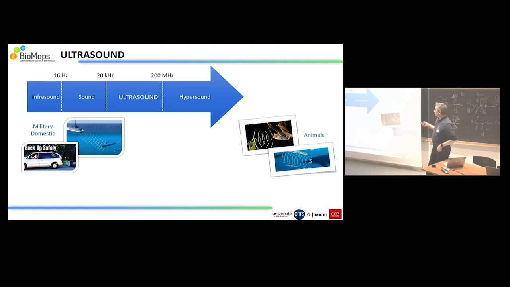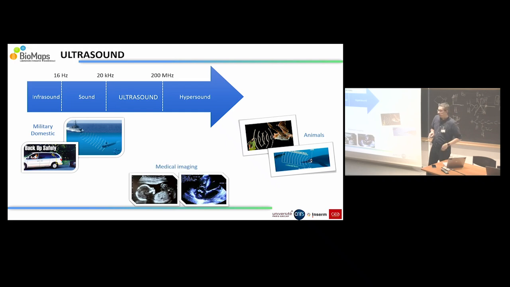It is also used in common life around you by animals, by dolphins or mammals, or bats around you by night. And here, we use ultrasound in the field of medical imaging, and I will try to explain how we can make images like this and how we can improve diagnosis by using these images.